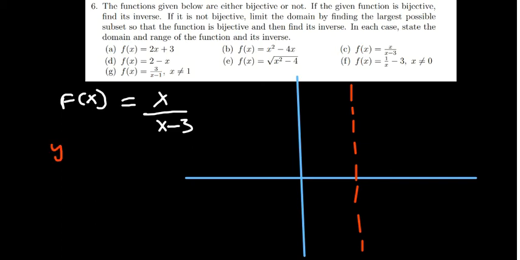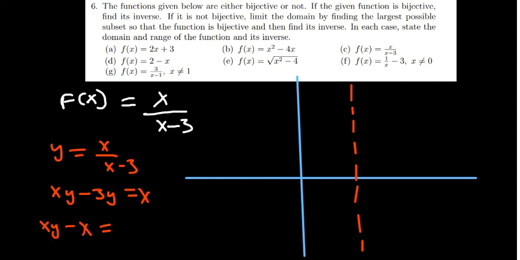So y is equal to x over x minus 3, cross and multiply: xy minus 3y is equal to x. We're trying to make x a subject, so we can take x on one side. So if you factorize out the x, you have x equals 3y over y minus 1. So y minus 1 is the denominator.